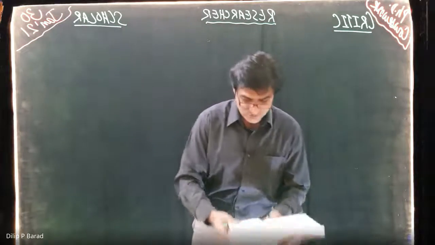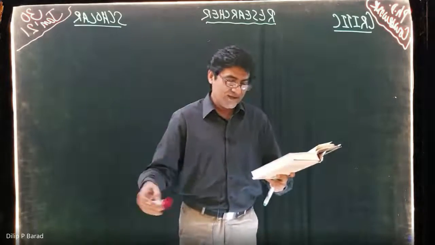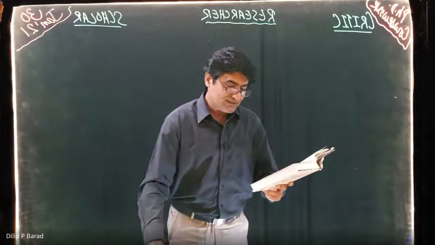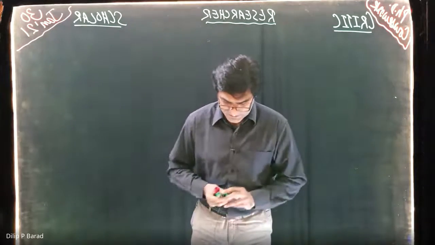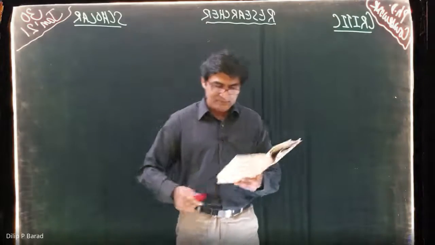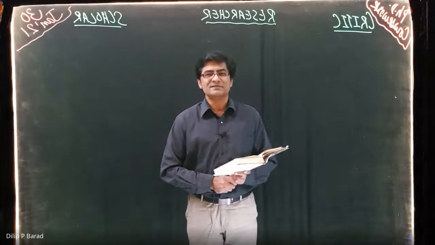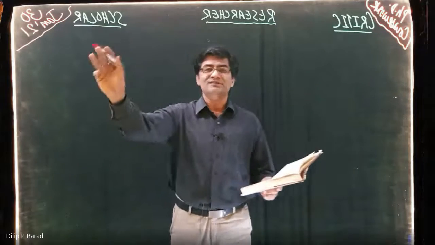Now, see what kind of differences are given here. Some professional students of literature prefer to regard themselves primarily as critics. Some would say, well, I am a critic. Some would say, I am a scholar.